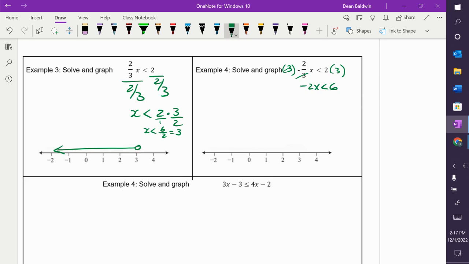Divide by negative 2, and then you flip the inequality. When you divide by a negative, you flip the inequality. 6 divided by negative 2 is negative 3. I don't have a negative 3 on here, I guess I'll mark it. There's negative 3. Open circle, going to the right.